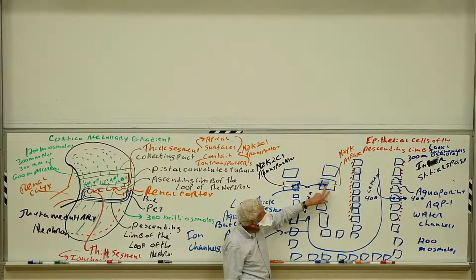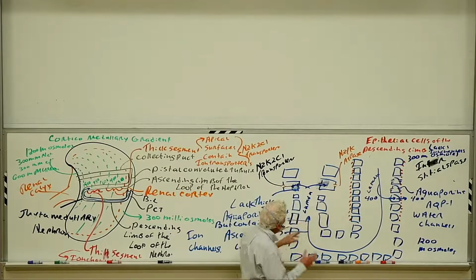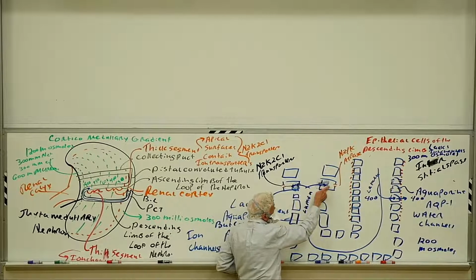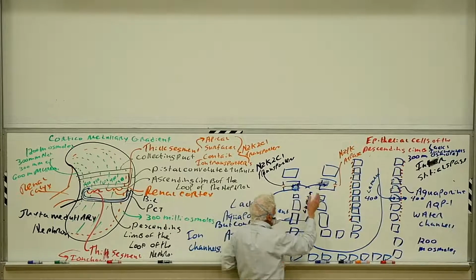To keep them from filling up, we now pump the sodium out the basolateral surface. Turns out there's always so much potassium inside these cells, all you have to do is put some basilar channels in, and the potassium is going to run out. Chloride will follow the sodium. So in this way now, we are going to be moving the ions across the cell. And initially, we're simply going to come to equilibrium.